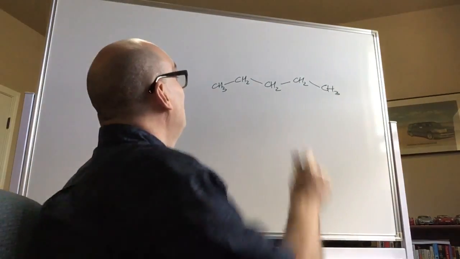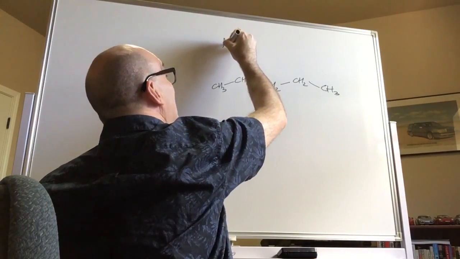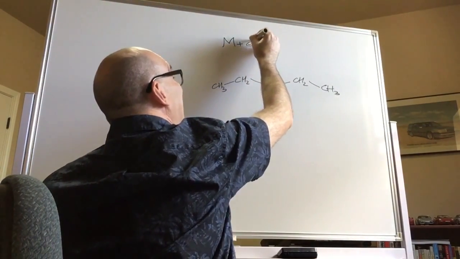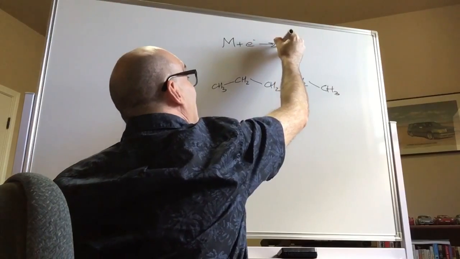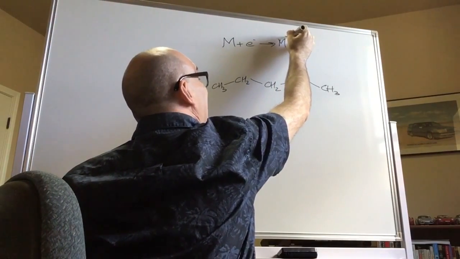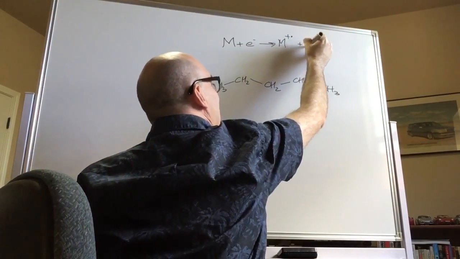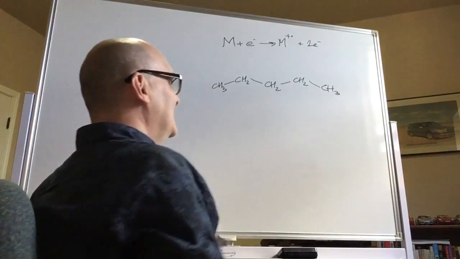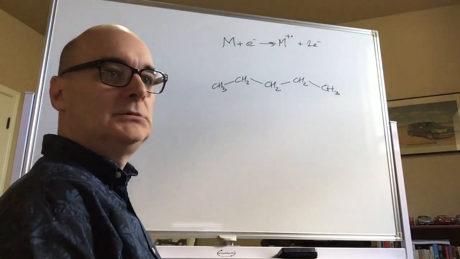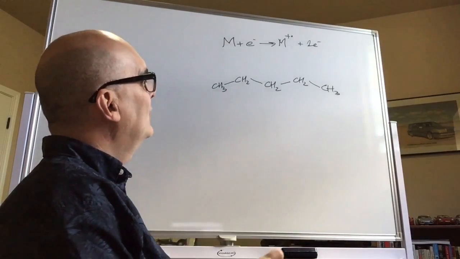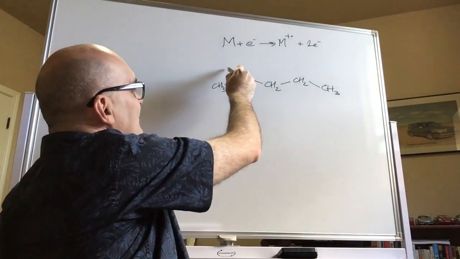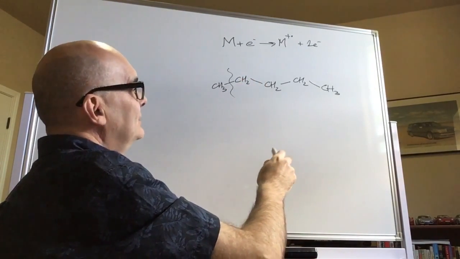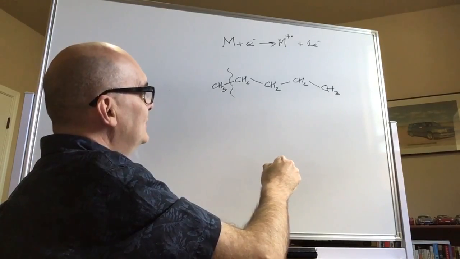I'm going to take my molecule, add an electron, generate a radical cation and eject an additional electron, which means I'm going to break this thing into fragments.